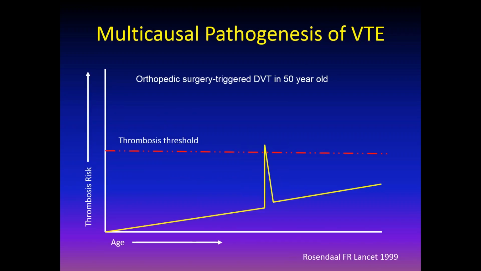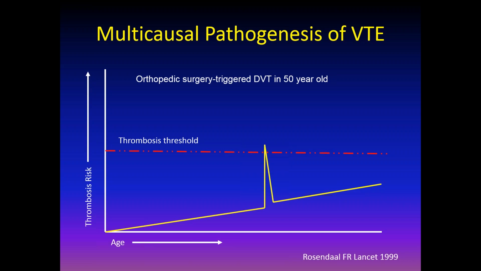Now, this is one of several slides where I'm going to try to pull this all together quickly before we move into a more detailed discussion of antithrombin deficiency. These slides are largely based on one of the landmark papers in the literature, written by Fritz Rosendaal and published in 1999 in The Lancet, where he shows that you have inherited risk factors, intrinsic risk factors, and extrinsic risk factors.